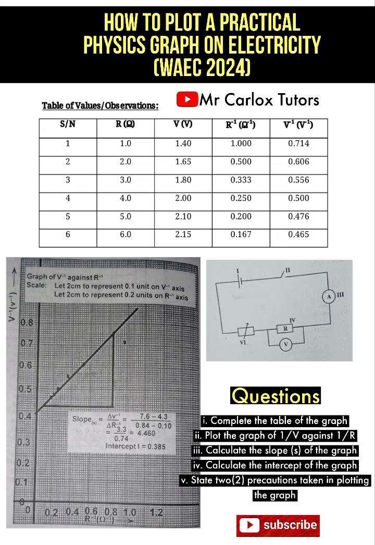Now, the last question is to state 2 precautions taken in plotting this graph. The first one that is very common, a regular thing for all students to know: number 1, you avoid error due to parallax. Parallax error should be avoided in taking the reading from the voltmeter and the ammeter.